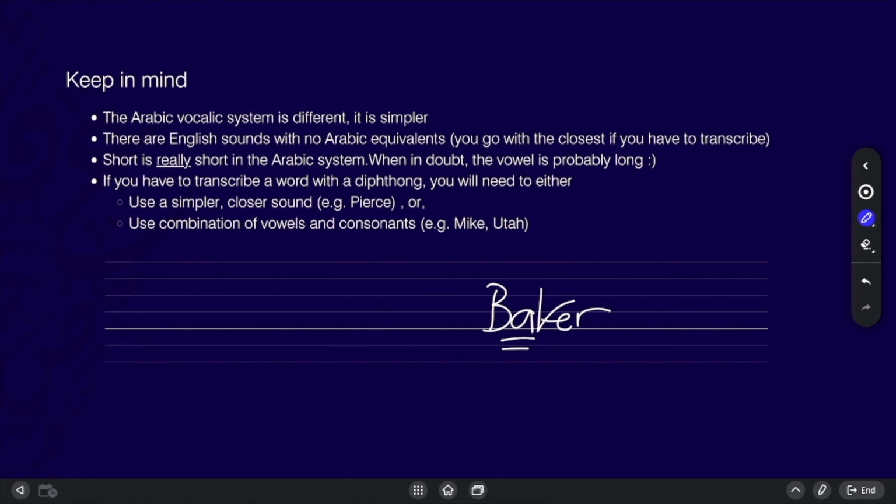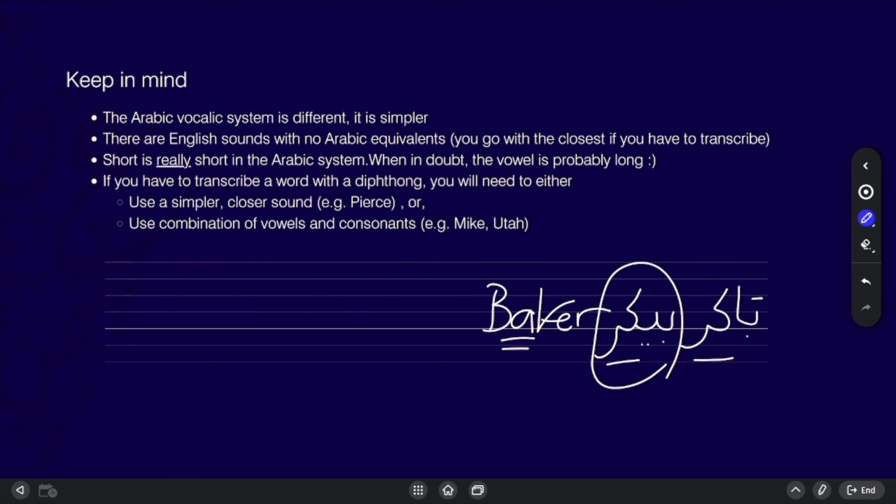The closest thing would be either Bakr or Beaker. I know it's neither. It's not Bakr and it's not Beaker. So you have to approximate. Generally speaking, it would be represented as Baker, with the ya. So there are some sounds in English that you won't find in Arabic, and therefore you have to try to transcribe it as best you can.